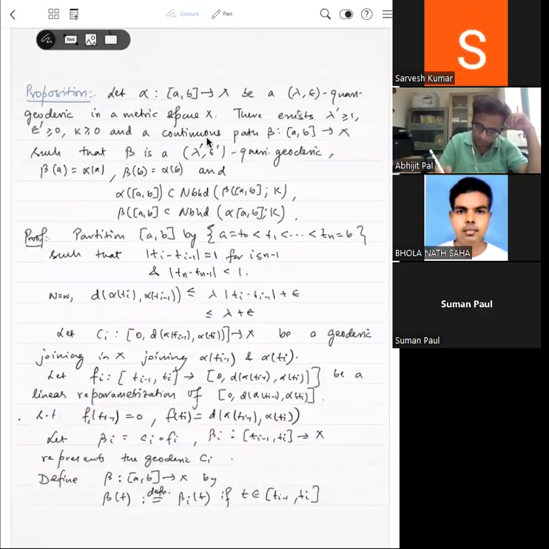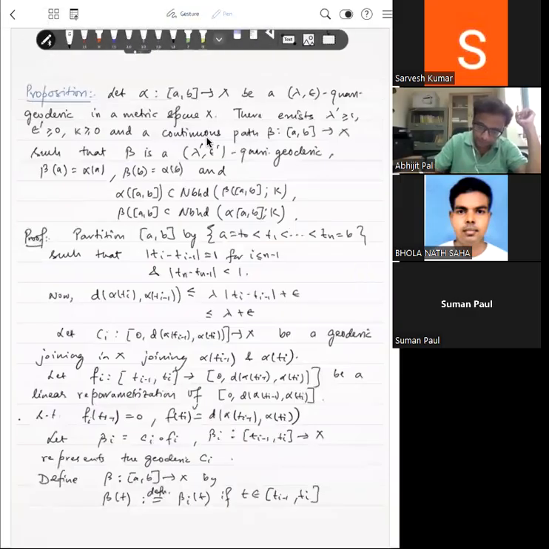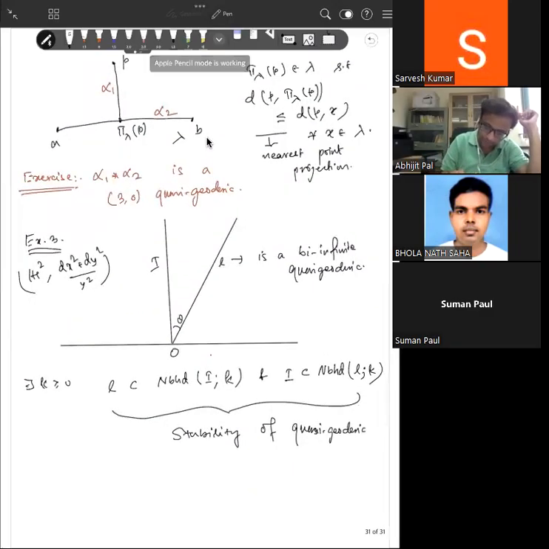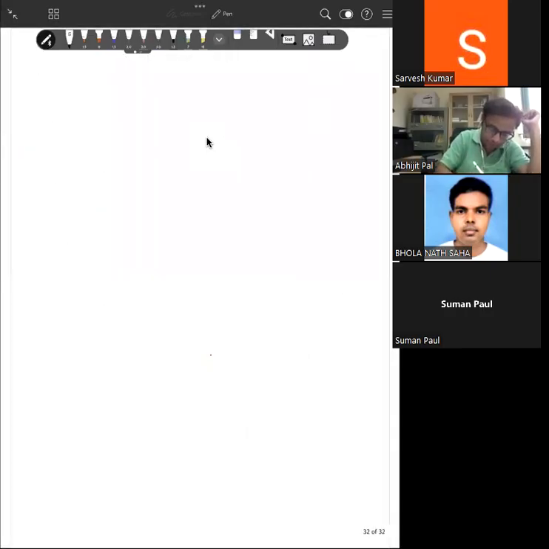Okay, so this proof is quite straightforward. So you can look into this proof. So let me repeat it once again. So maybe I can draw it here. So the proposition is, suppose you take any k epsilon quasi-geodesic, and this is true for any geodesic metric space.